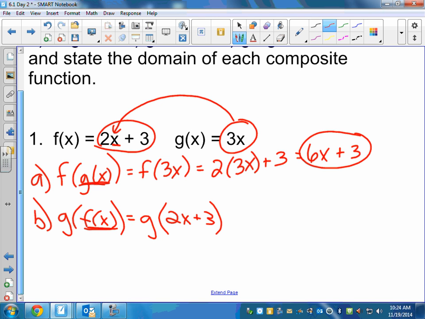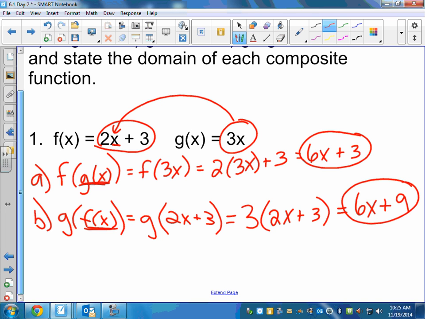If I want to do g of all of this, I'm going to replace x with all of this, 2x plus 3. The problem that people have is they just overthink x. There's an x already, and then I'm putting it with another x. But you just have to get past that. You're just replacing x with what's in the parentheses. And now on this one, we're going to give the 3 to everything. So we get 6x plus 9 as my final answer.